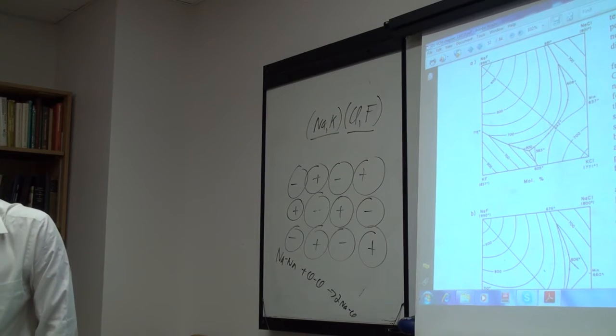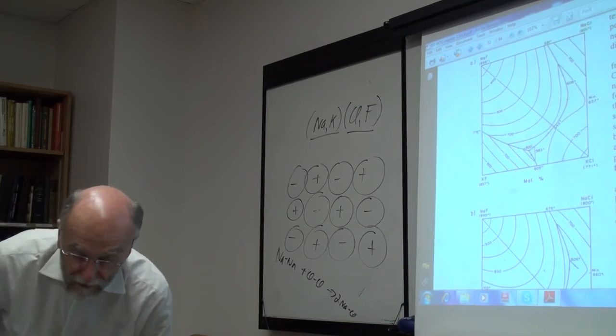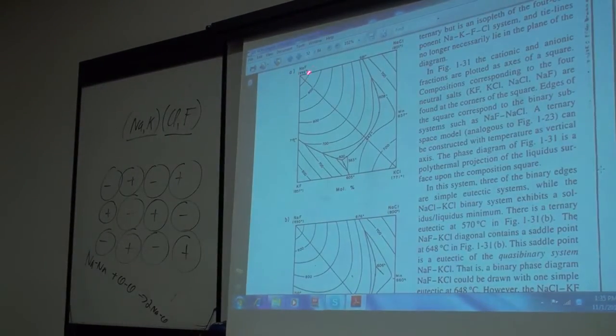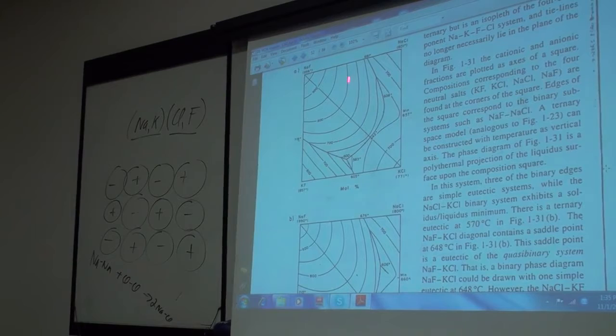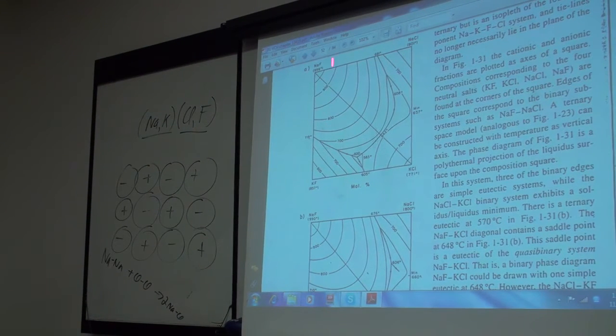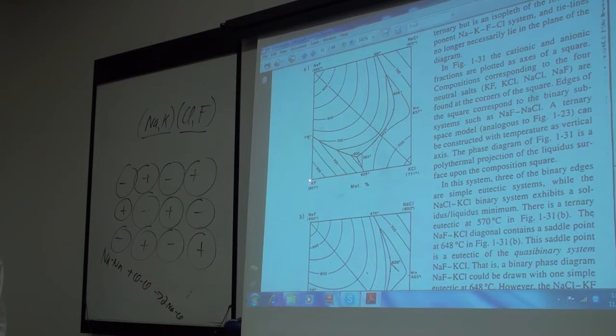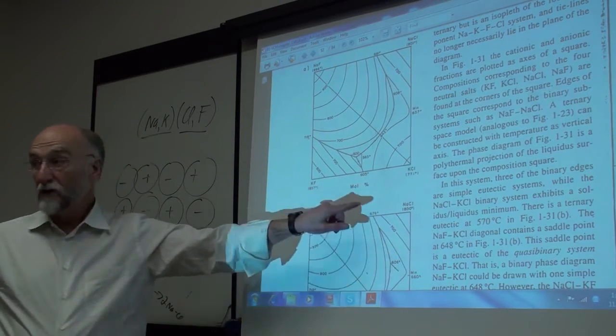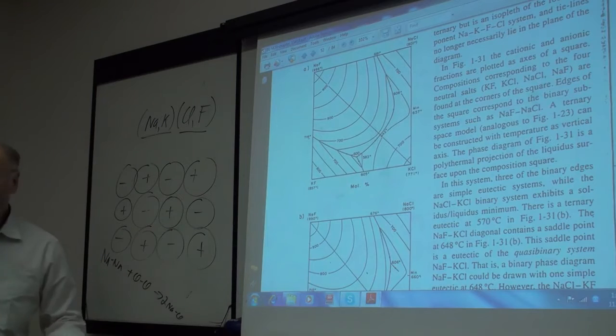Now we talked before about how you represent this. This is a liquidus projection. These are isotherms of the liquidus, and I showed this earlier. The horizontal axis is the chlorine-fluorine ratio, the number of moles of chlorine over chlorine plus fluorine, or the anionic fraction. And the vertical axis is sodium over sodium plus potassium.